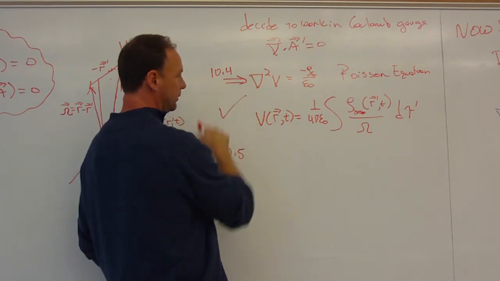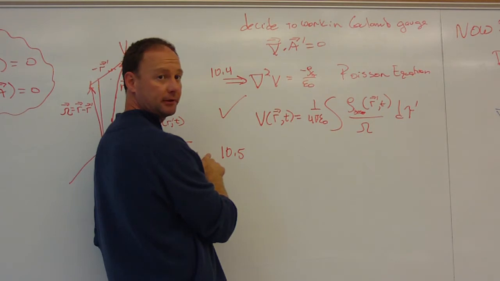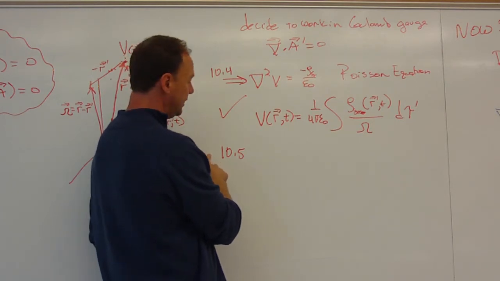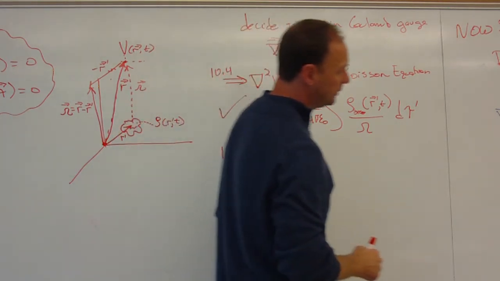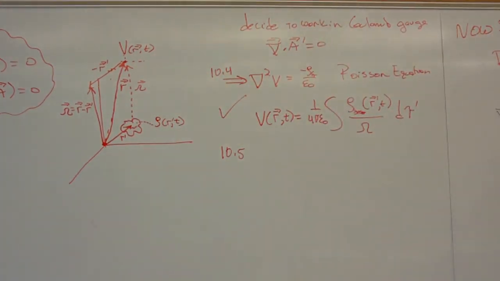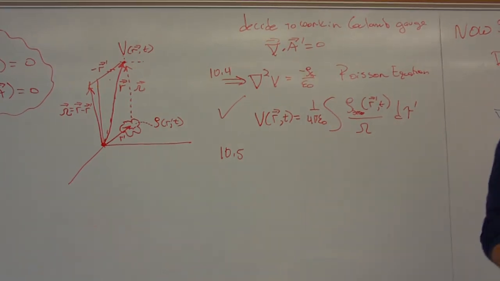What are 10.4 and 10.5? They're just gauge representations of Maxwell's equations. Now you go to 10.5, and you let the divergence of A equal 0, and you wipe out this term, but you still have all that other stuff, and it's quite nasty to look at.